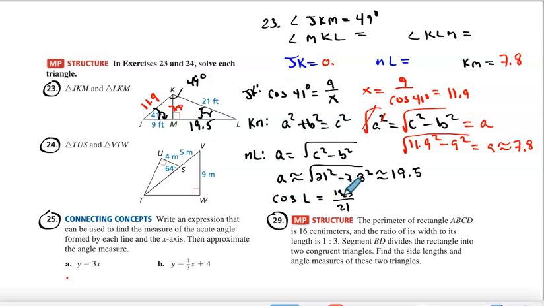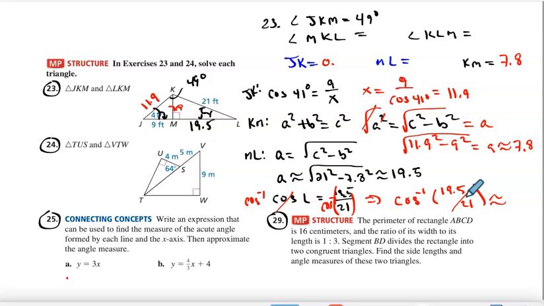So again, to get rid of all this, I'm going to have to use the inverse cosine. So to get L, I'm going to do the inverse cosine of 19.5 over 21, and that'll give me the approximation of L, right? So I want to get rid of the cosine by taking the inverse cosine of both sides. And this will give me what L is approximately equal to.